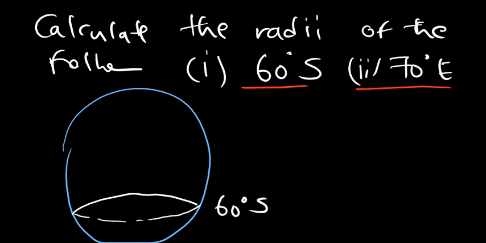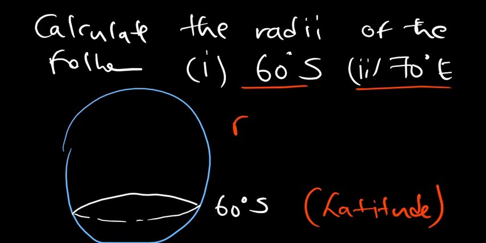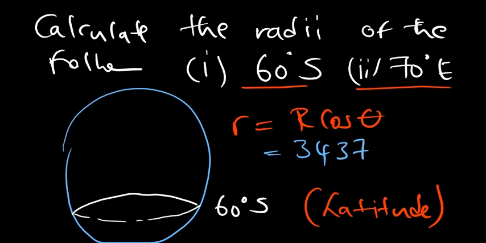So that is what 60 degrees south would imply. You can already tell that this is a latitude, so it is a small circle. Therefore the formula is going to be r = R cos theta. If you are calculating in nautical miles, it's 3,437 times cosine of 60 degrees. Let me grab my calculator here.